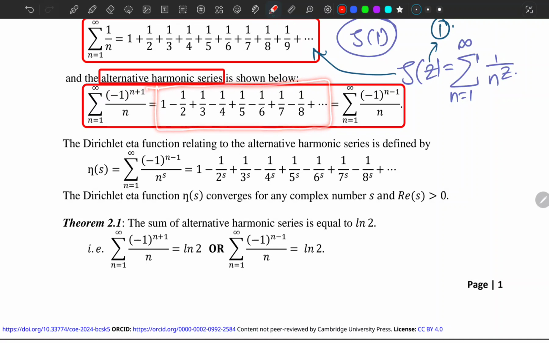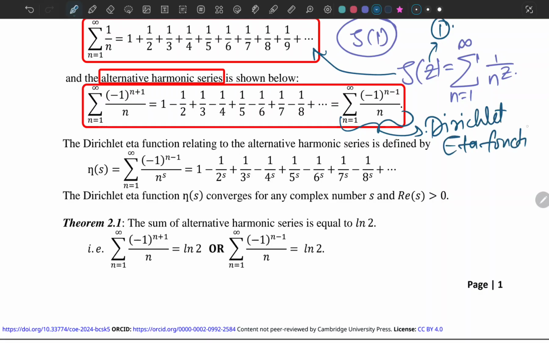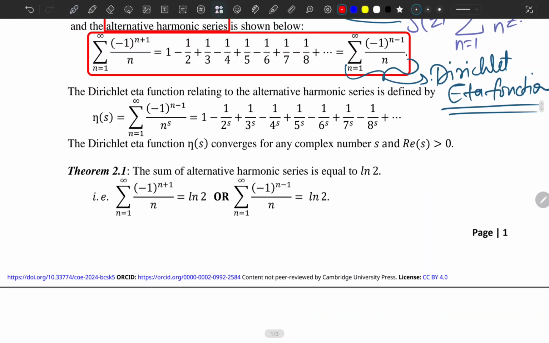And guess what, this series is known as the Dirichlet eta function. So here it is, the Dirichlet eta function equals the infinite series as n goes from 1 to infinity of -1 to the n minus 1 over n to the s.